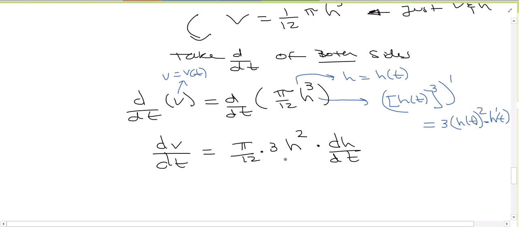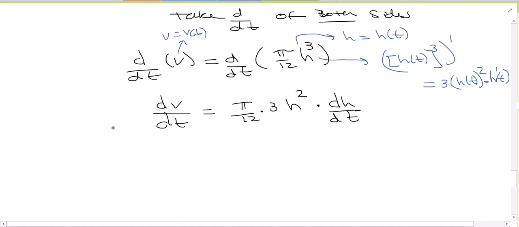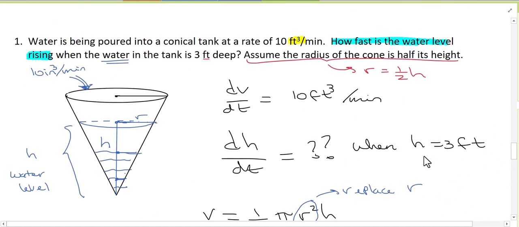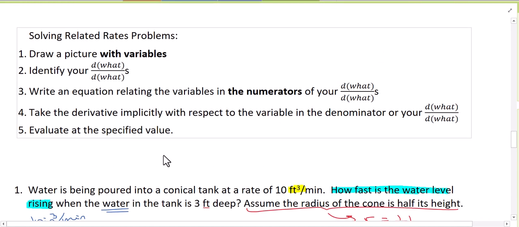So now that I have this, let's simplify as much as we can, just because it makes our plugging in easier. So dV/dt will be pi over 4 h squared times dh/dt. So now we are at the last step, right? Because we already took the derivative implicitly, so now we're going to plug in the value.